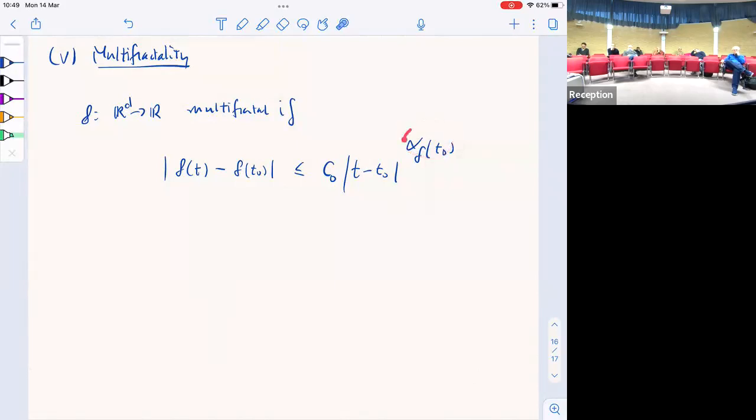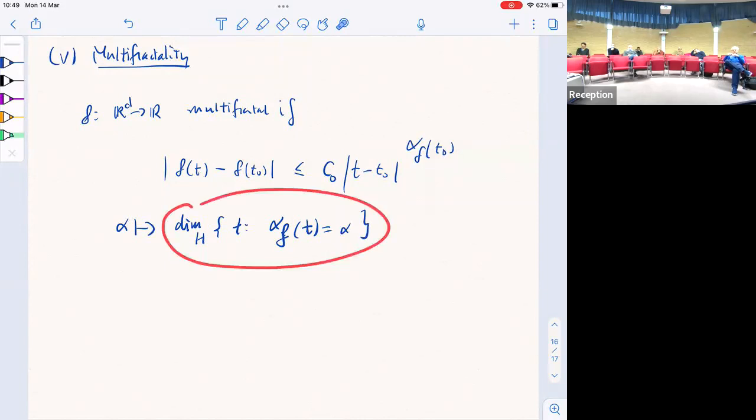For the V process, this thing really changes rapidly with time. So what we call a multifractal spectrum is the Hausdorff dimension of the set of times t such that the Holder exponent is equal to a particular value, alpha.